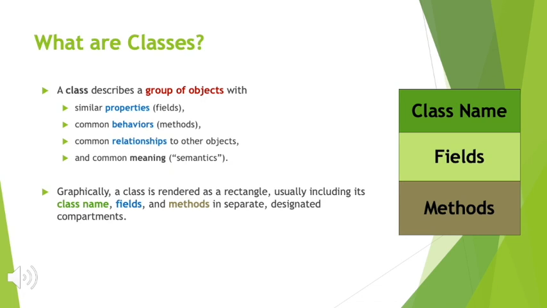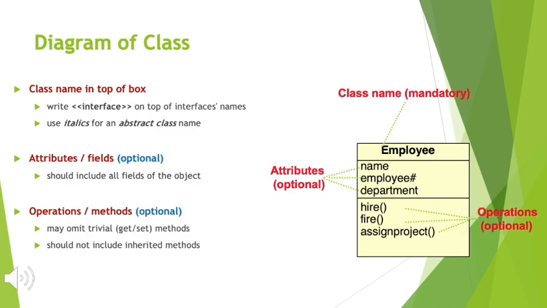In designing UML, a class describes a group of objects with similar properties, common behaviors, common relationships to other objects, and also common meaning. So this is how the diagram of a class is going to look.